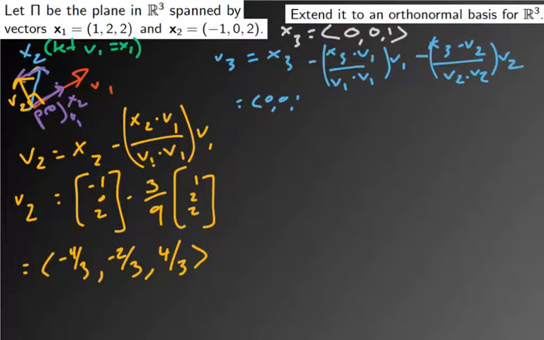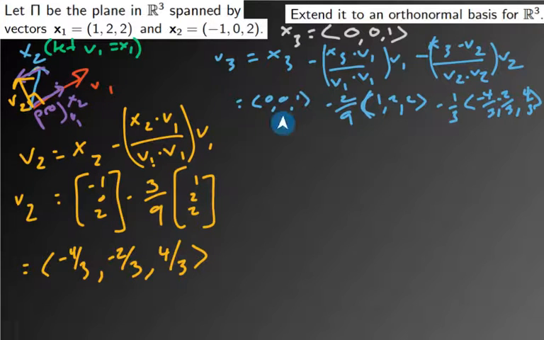0, 0, 1, minus, if you do that dot product computation, you get 2/9 times 1, 2, 2. This one is a third times negative 4/3, negative 2/3, 4/3, which I'm not scaling, but I definitely could to make it a little easier.